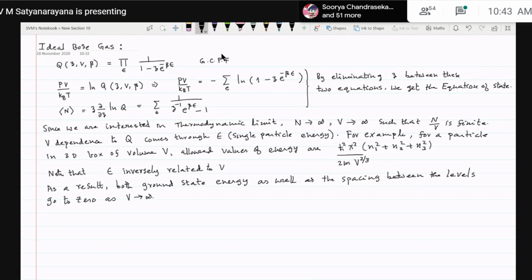So because of this, we can say two things. One is epsilon equal to 0 is the ground state of the single particle energy spectrum.